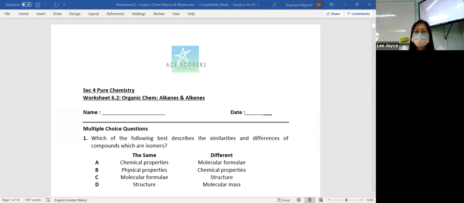Because alkenes are unsaturated hydrocarbons, the C=C double bond allows them to undergo addition reaction with hydrogen, and also hydration, that's with water. We also talked about the concept of isomerism, and looked at how isomerism can happen in different types of organic compounds.